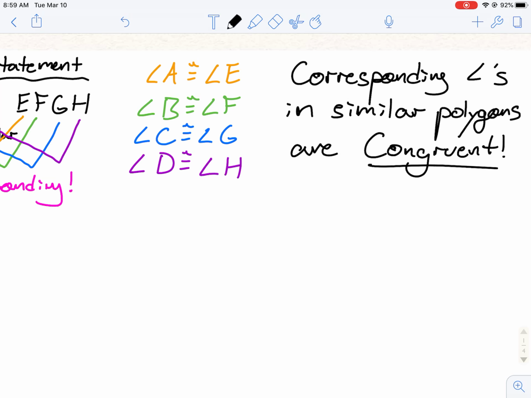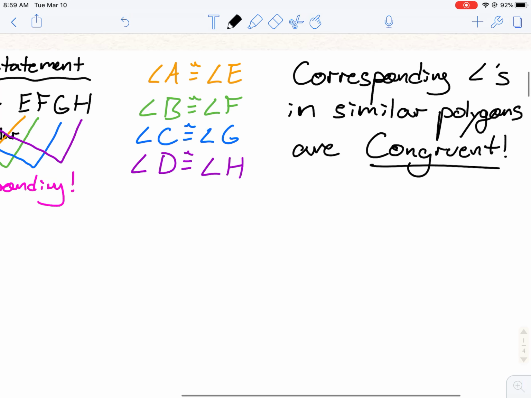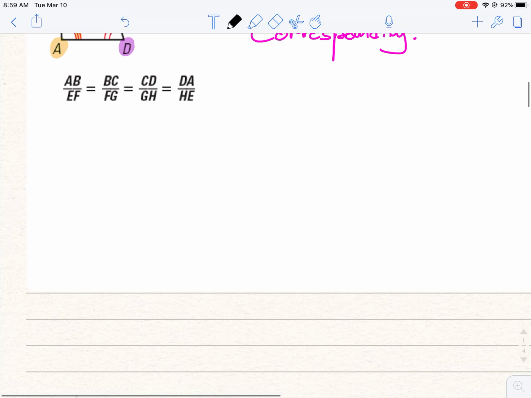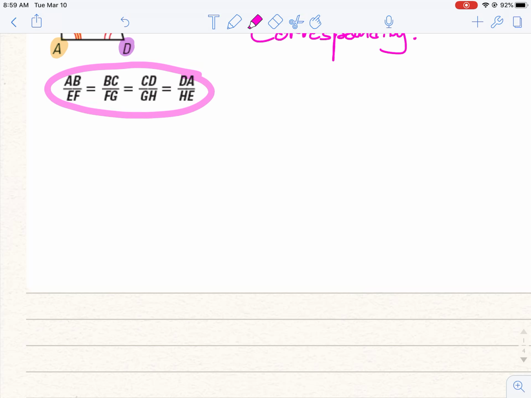Now, the other piece that I said was that corresponding sides are proportional to each other. There's a difference between corresponding sides being congruent and being proportional. And we've been talking about proportions and ratios at the start of this chapter. So here are all of my proportional sides.